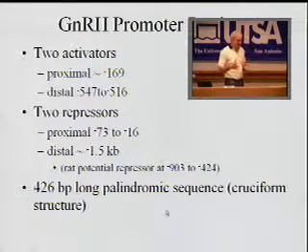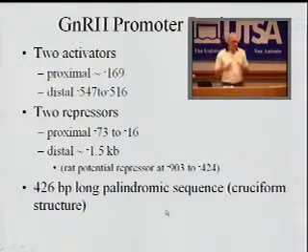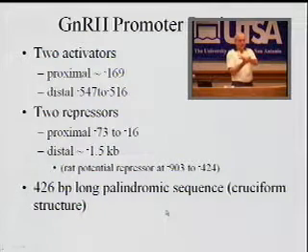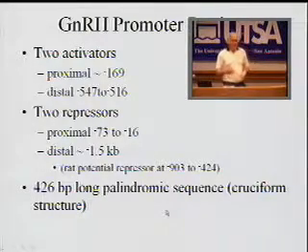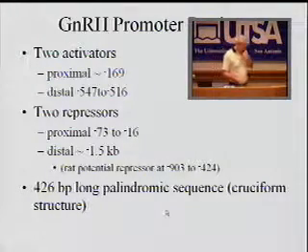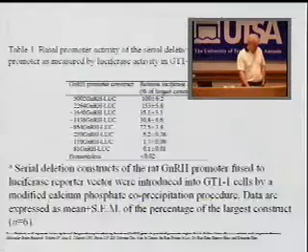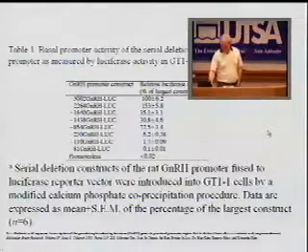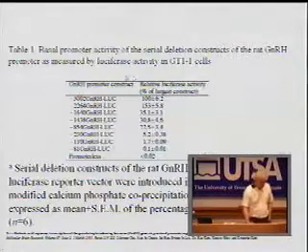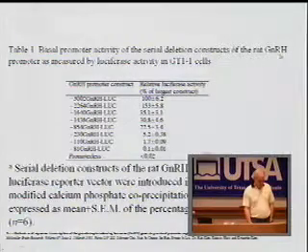So this is reminding us that the sequences in the promoter region allow for actual conformational changes of the promoter region, bringing repressors in or bringing activators together to increase or decrease the likelihood of the transcription complex getting to the start site. So then the basal promoter activity of serial deletion constructs of the rat GnRH promoter is measured by luciferase activity in GT1.